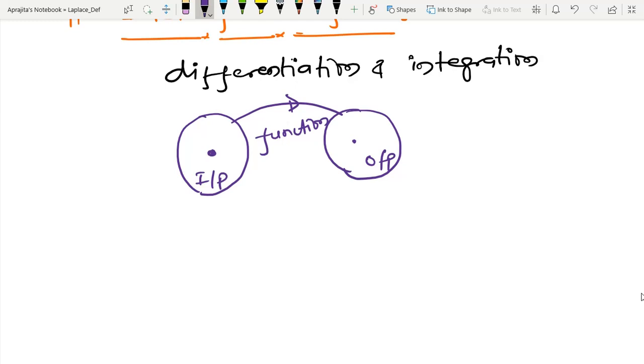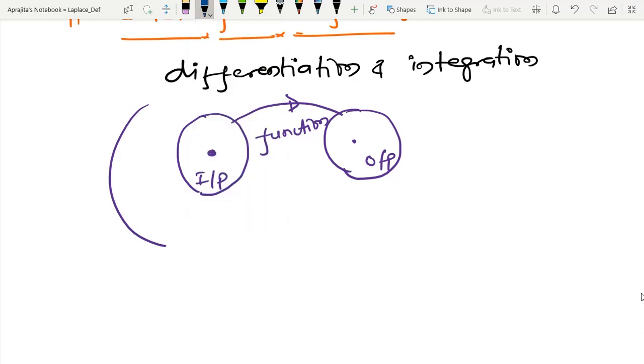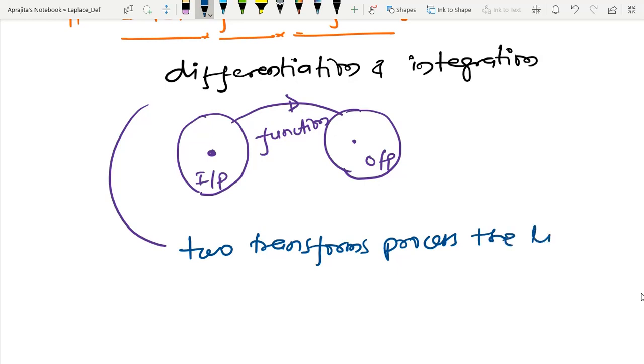So what I am going to write is the following: these two transforms process the linearity property.